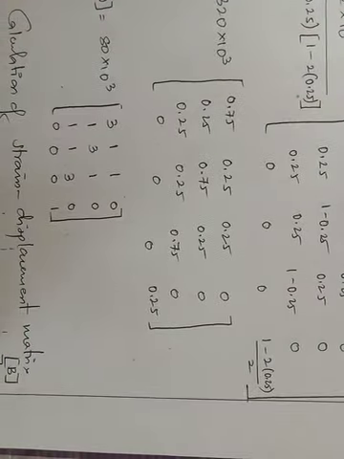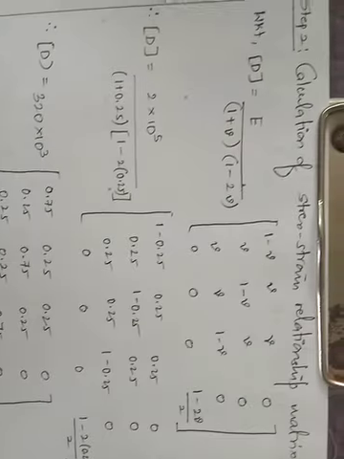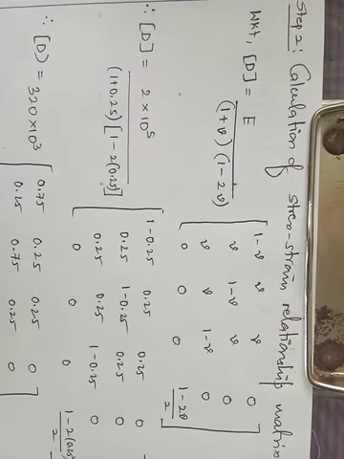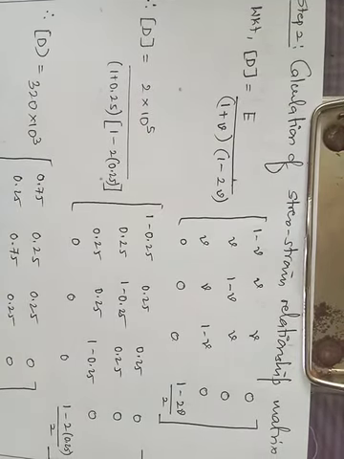Next we'll be going for the next step, that is step number 2. Step number 2 is calculation of the stress strain relationship matrix. D matrix is the stress strain relationship matrix.